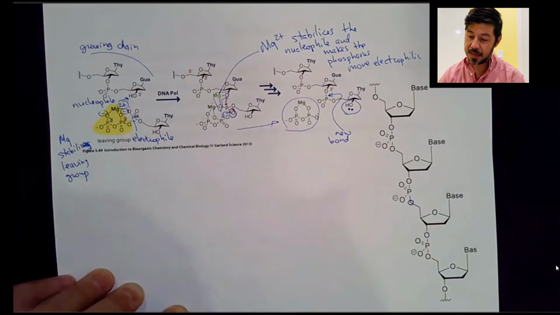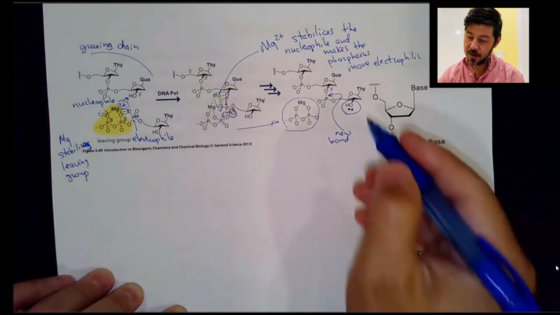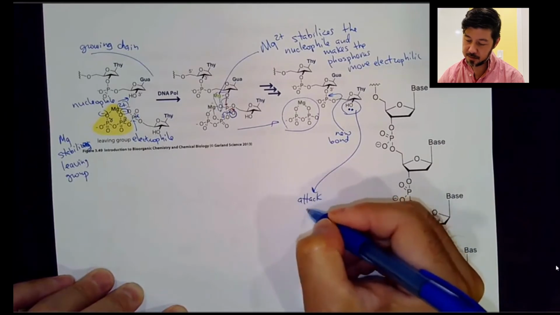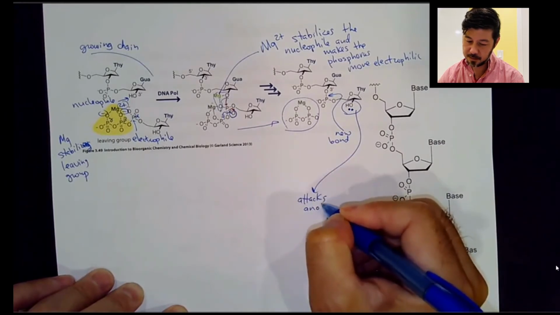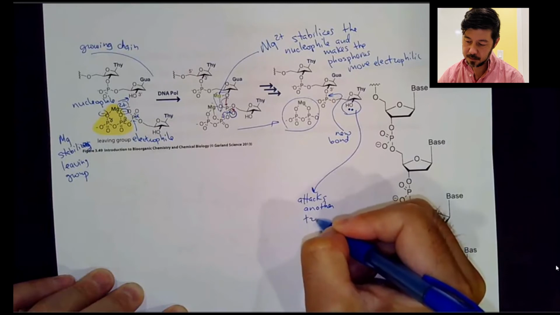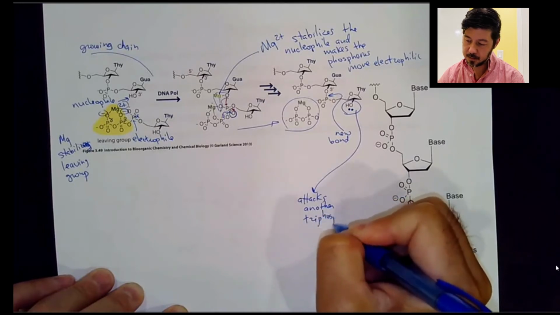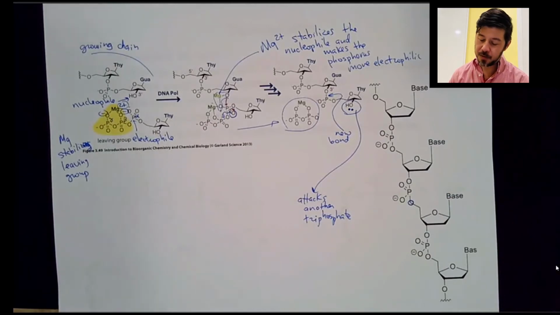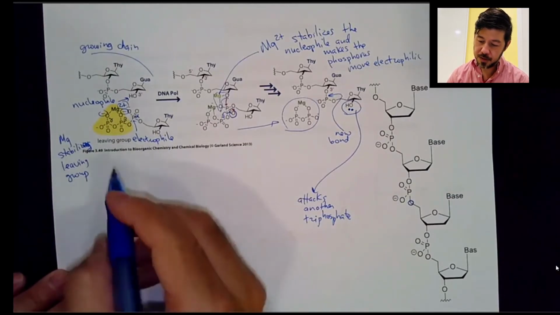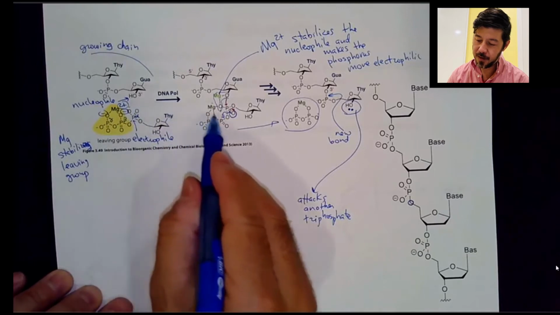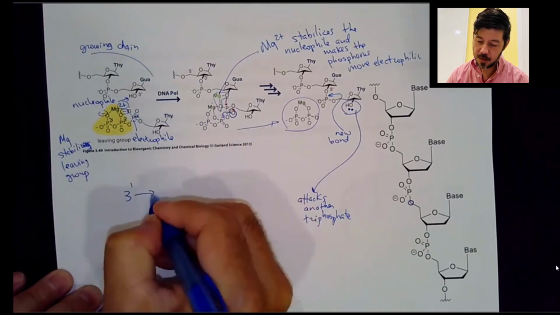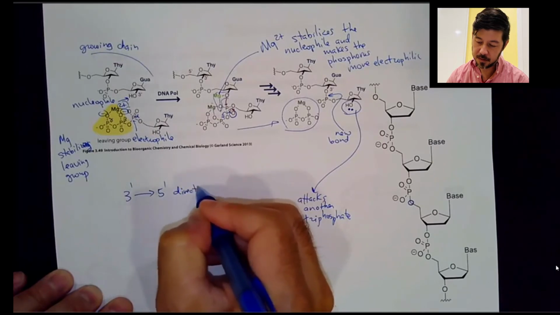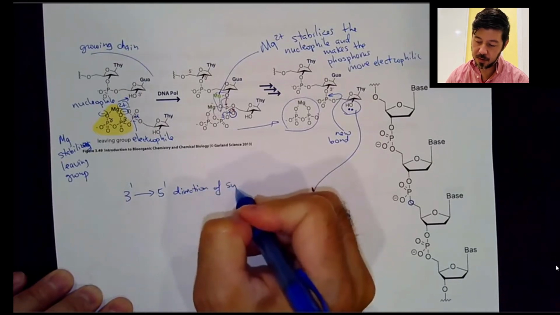And the process repeats itself and goes on in a very, very fast and enzymatic process. So you can see the direction of synthesis on the growing strand actually goes from the 3' to the 5' direction. So 3' to 5' direction of synthesis by polymerase.